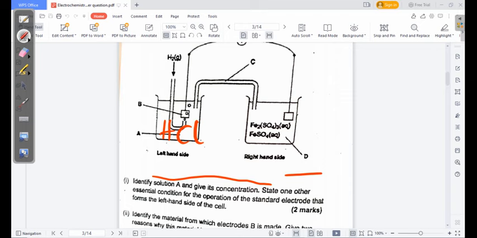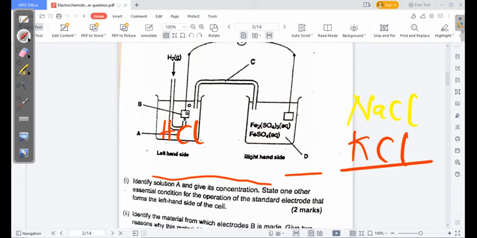Sodium chloride. Sodium chloride is fine. What else? Potassium what? Potassium chloride. Is that the way you write it? That's fine as well.